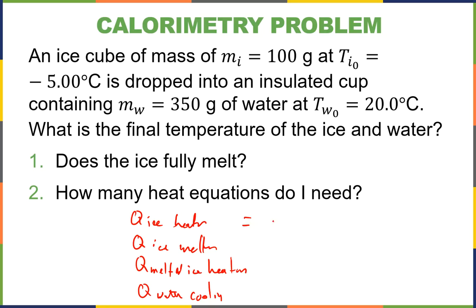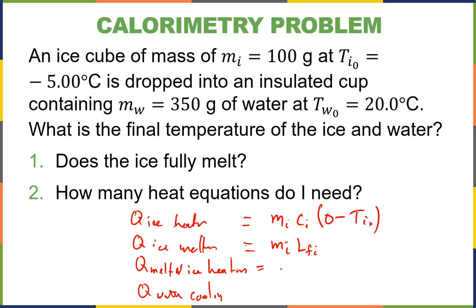Now I need equations for each of these. So it's the mass of the ice, specific heat of ice, changing temperature for the ice. What's the final temperature for the ice? 0. We know that because that's the temperature where it changes phase. So there's my temperature for the ice heating. For the ice melting, mass of the ice times latent heat of fusion for ice.